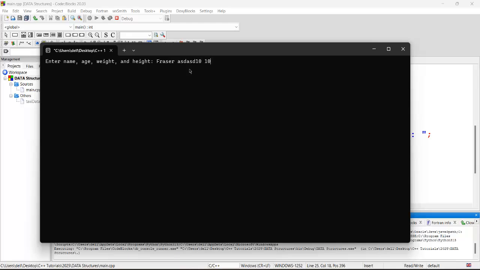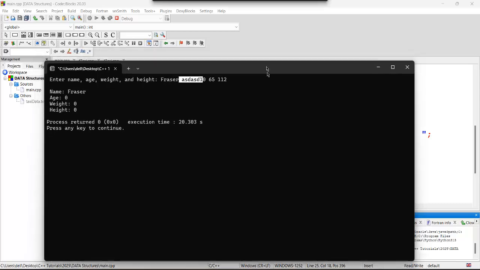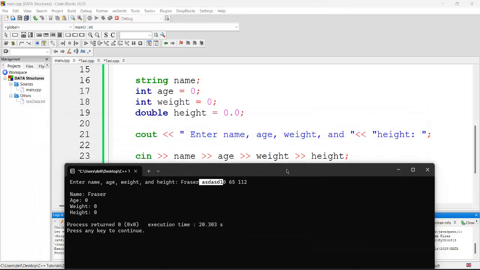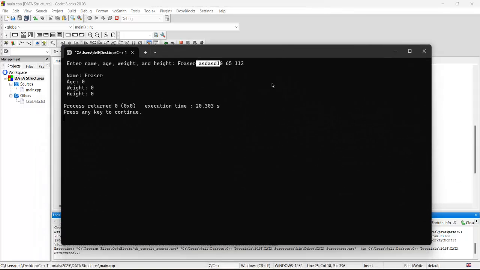My weight is, for instance, 65. Let's keep it there, and my height is okay. So you see what happens here because I put in a wrong value here, and my inputs were continuous, and I did not state any other values.